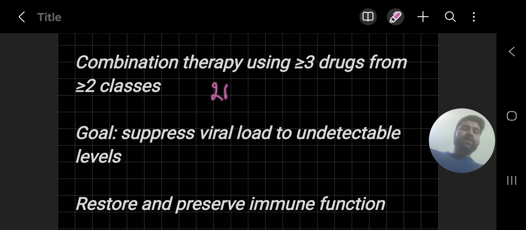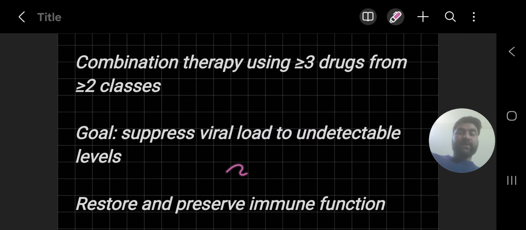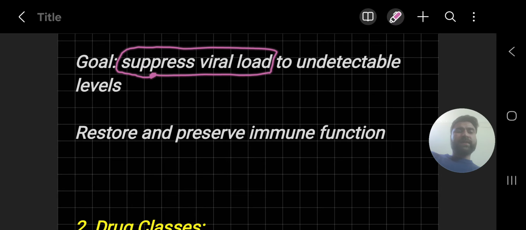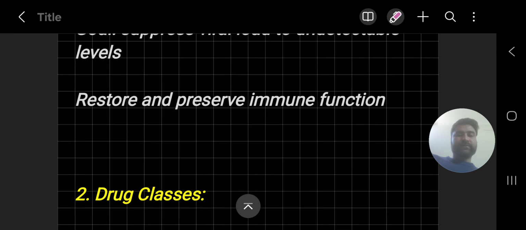Mostly we give 2 NRTIs plus either 1 NNRTI or 1 protease inhibitor. NRTIs means nucleoside analog reverse transcriptase inhibitors. Goal: the main goal is to suppress the viral load to undetectable levels so that it cannot be transmitted to others, and also to increase the CD4 count so that opportunistic infections decrease.